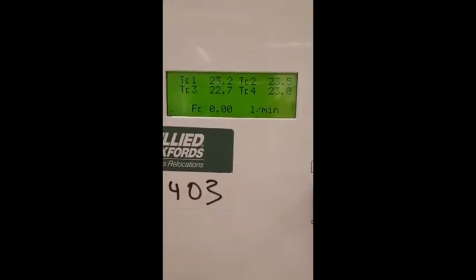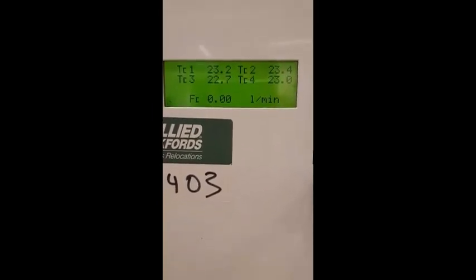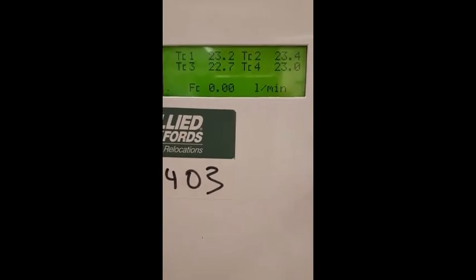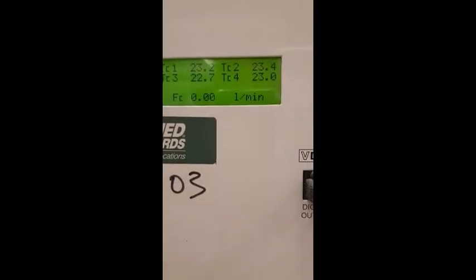TH2 is 23.9, TH3 is 24.5, and there is no temperature from a thermocouple for TH4, so it is 0. On this screen, TC1, that means cooling inlet, is 23.2, cooling outlet is 23.5, TC3, the middle, is 22.7, and TC4 is 23, that means it's the room temperature.